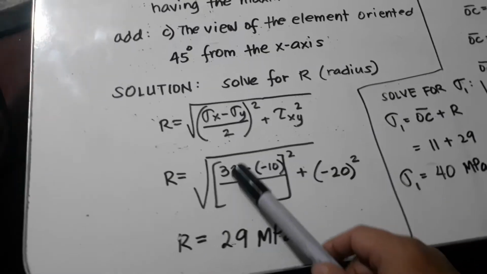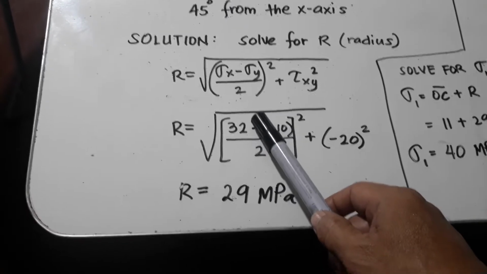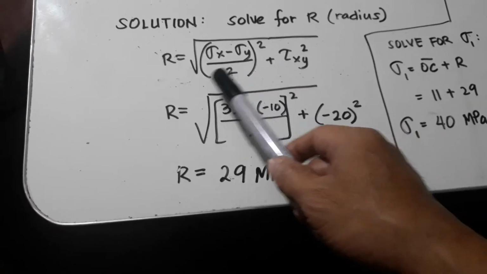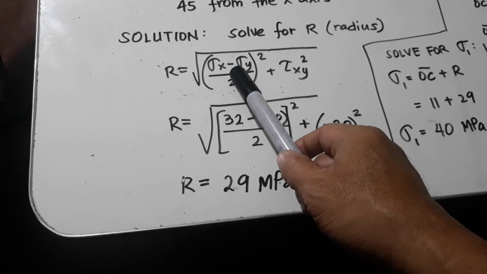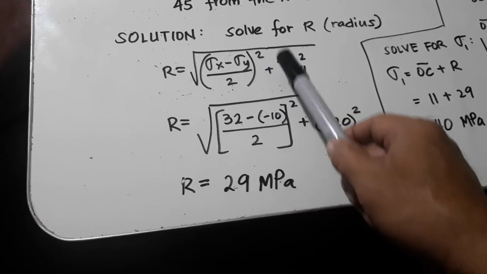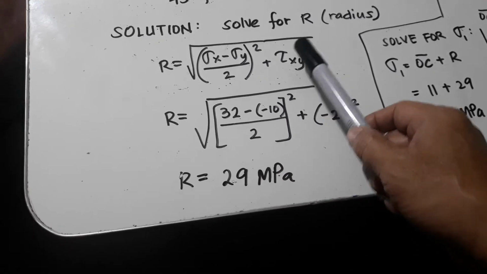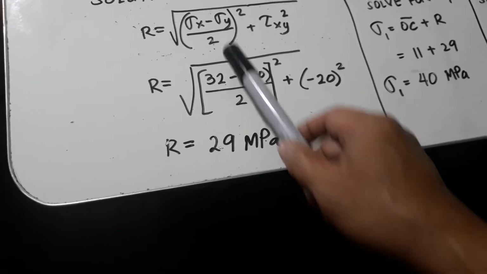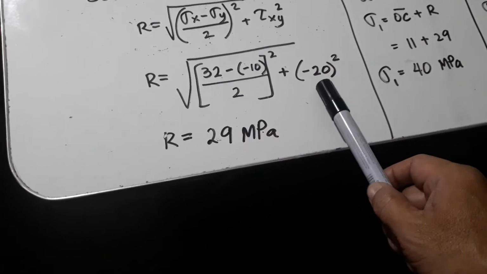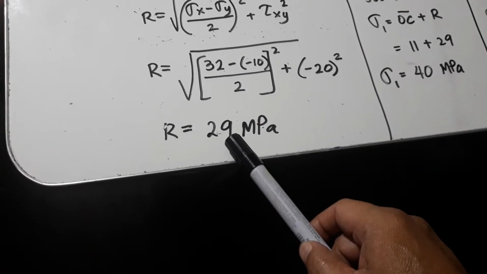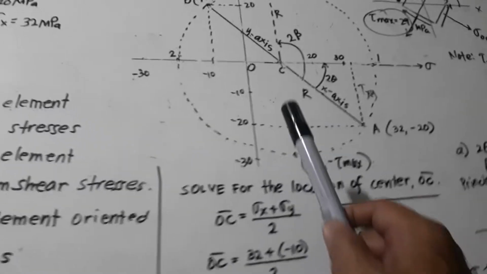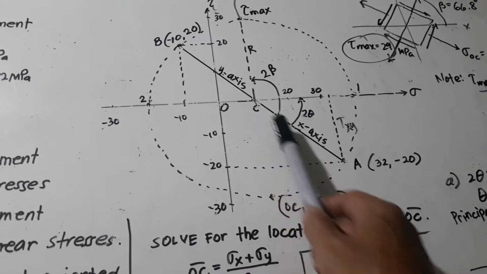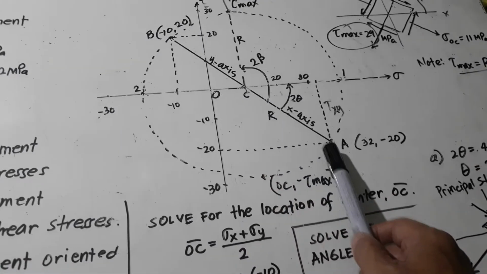To compute R, we use the square root of quantity sigma x minus sigma y over 2 squared plus tau xy squared. Substituting values for those variables, R is 29 megapascals. So this distance is 29 megapascals.